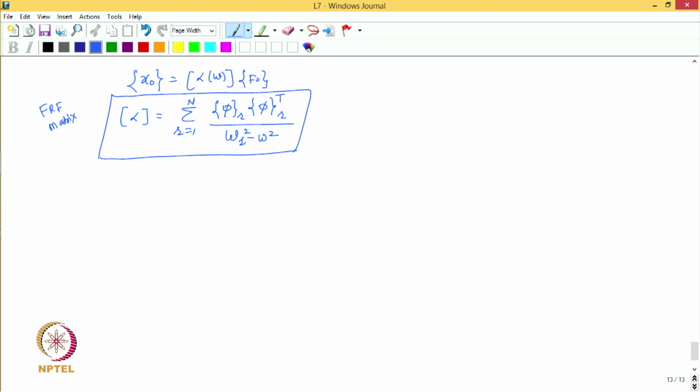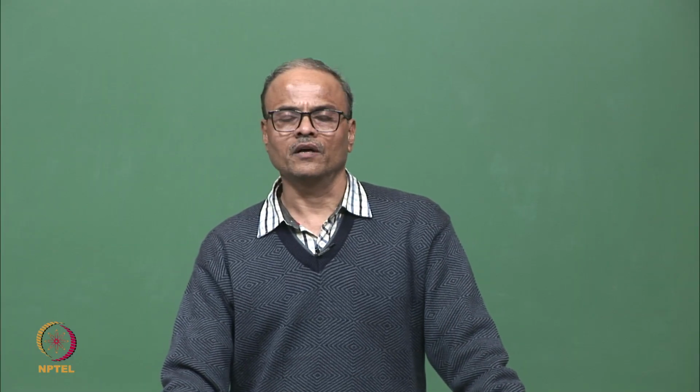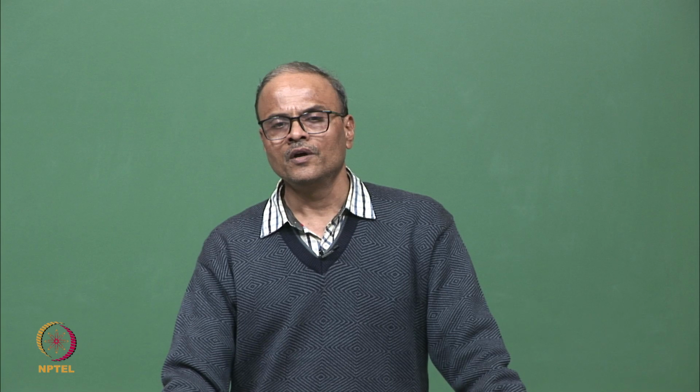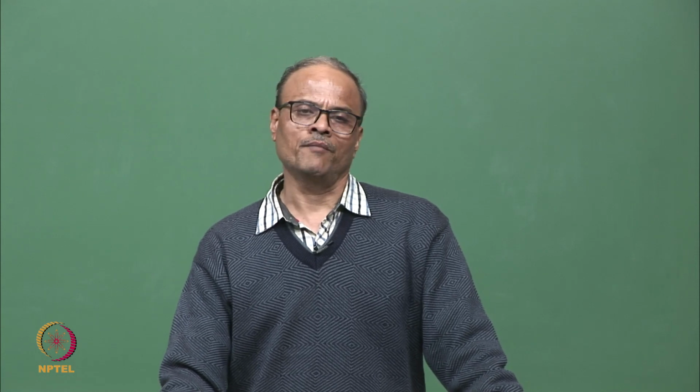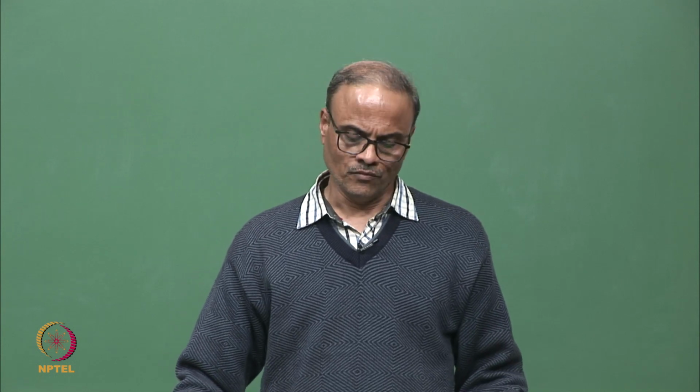And we earlier also saw the relationship between the FRF and the spatial model, because we saw that the FRF matrix alpha is equal to k minus omega square m inverse. So, that is nothing but a relationship between the FRF and the spatial model.